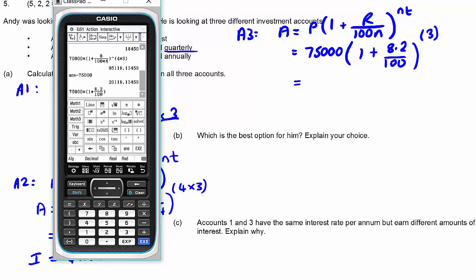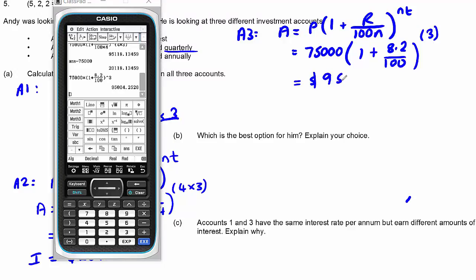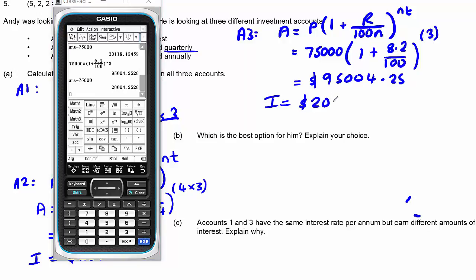Close that, and that's just to the power 3. And once again, remember that this is the total amount in the account. So the interest, we need to take away 75,000, the amount we originally put in. And that gives us $20,004.25.